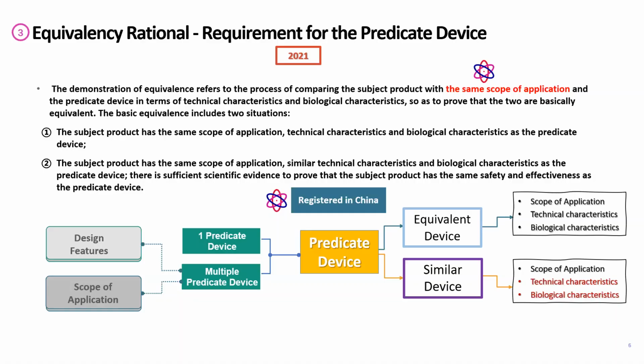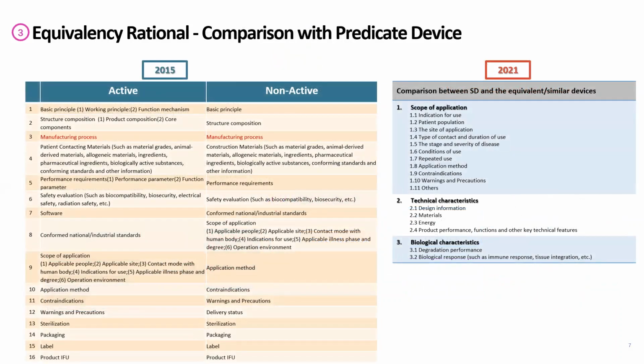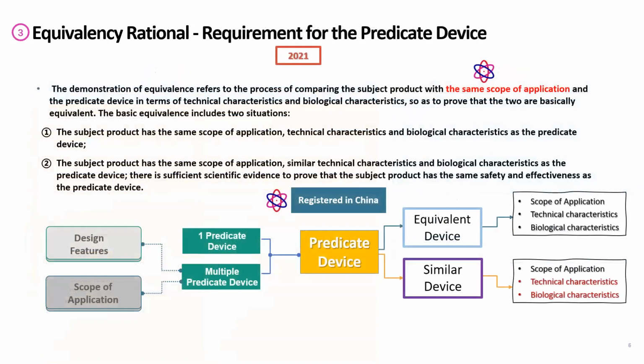This is what we get from the definition. This May, NMPA had issued the draft clinical evaluation guideline. At that time, they said we might choose a subject device which is approved outside China but not approved in China as the predicate device. Sorry, Grace, please go back.